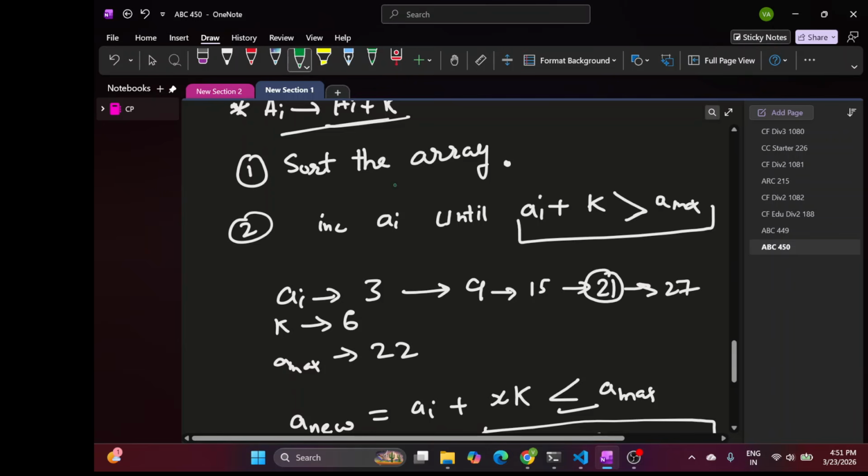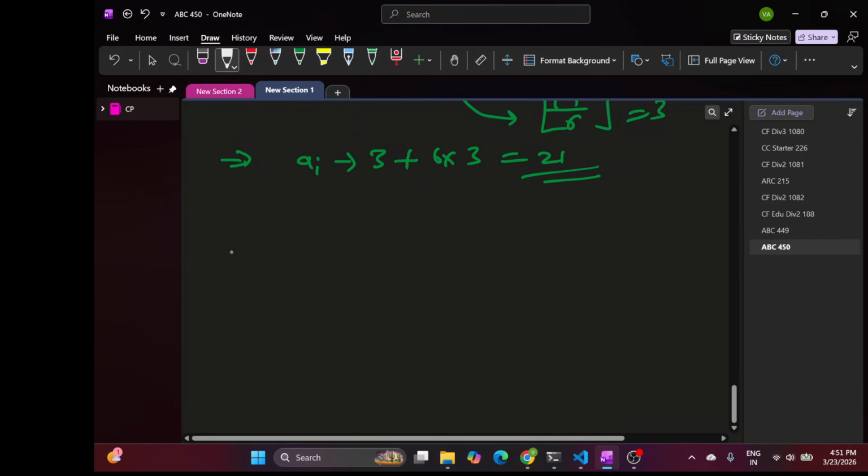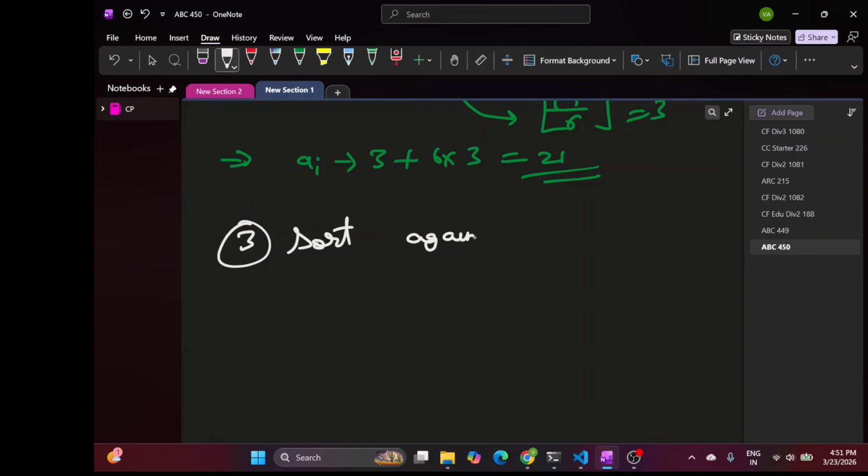So we first sort the array, then we increase the value, and after this we'll sort the array again, right? Because after adding k, we don't really know whether the array is sorted or not. There is no guarantee the array is still sorted, right? So now again the array is sorted.